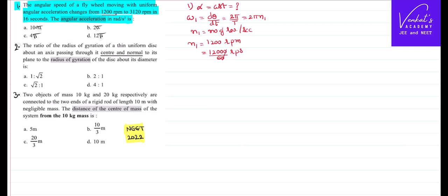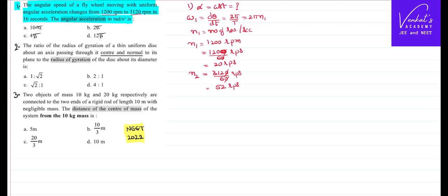So that becomes 1200 by 60, so 10 will cancel, 120 by 6, which is 20 rps. That is frequency 1. Frequency 2 is 3120 by 60 rps, 0 will cancel, then 6 5s are 30 and 6 2s are 12, so 52 rps.